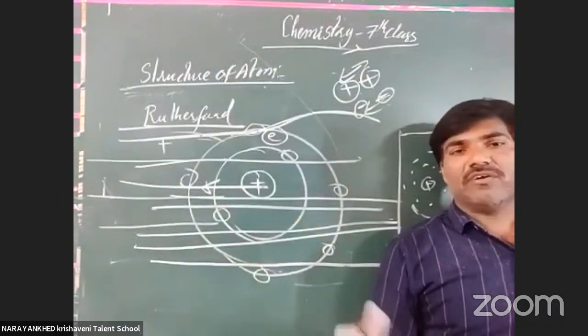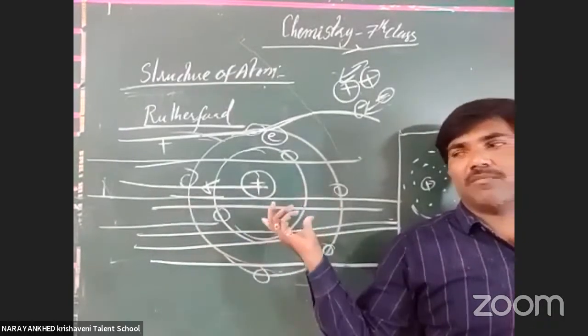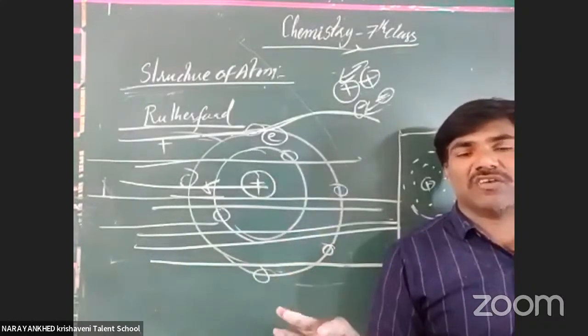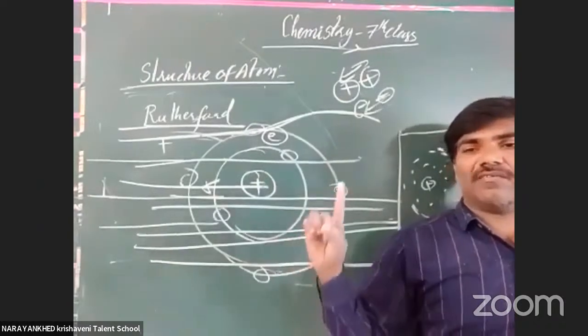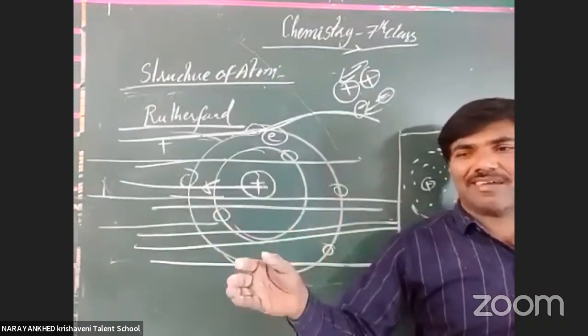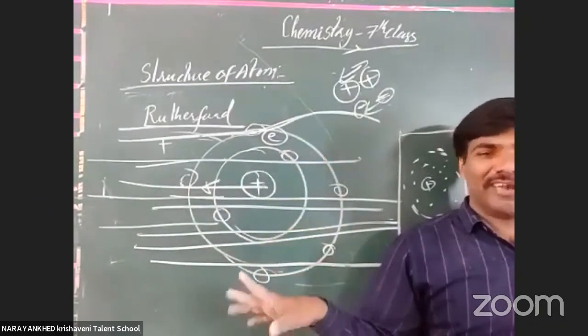Okay, now afterwards one more scientist came. His name is Bohr. The Rutherford atomic model also contains some limitations. What are the limitations? The first limitation is that when the electron revolves around the nucleus continuously, it loses its energy. After losing total energy, again it falls where? Into the nucleus.